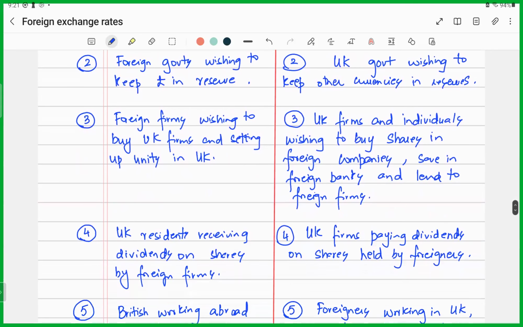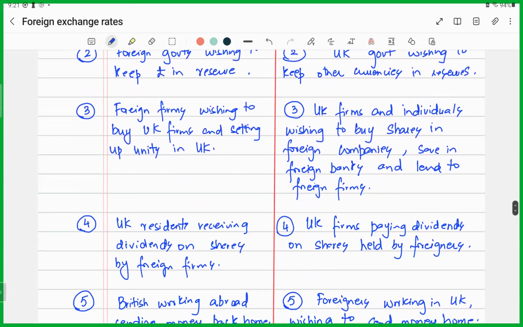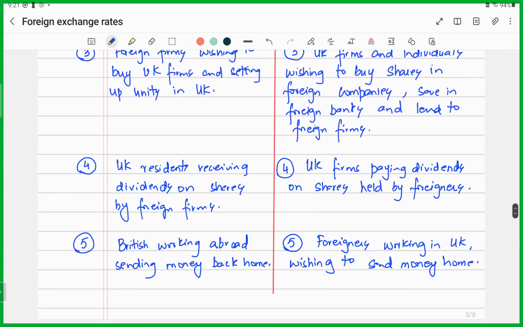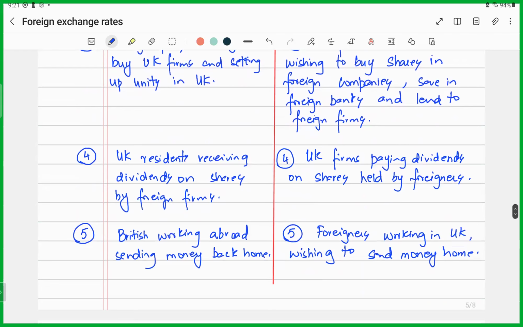Or firms who wish to buy UK firms or set up their production facilities in the UK would be demanding pounds. Similarly, UK residents who are receiving dividends on shares by foreign firms, or Britishers who are working abroad and sending money back home, would be demanding pounds to convert their salaries back into British pounds and send it back home.